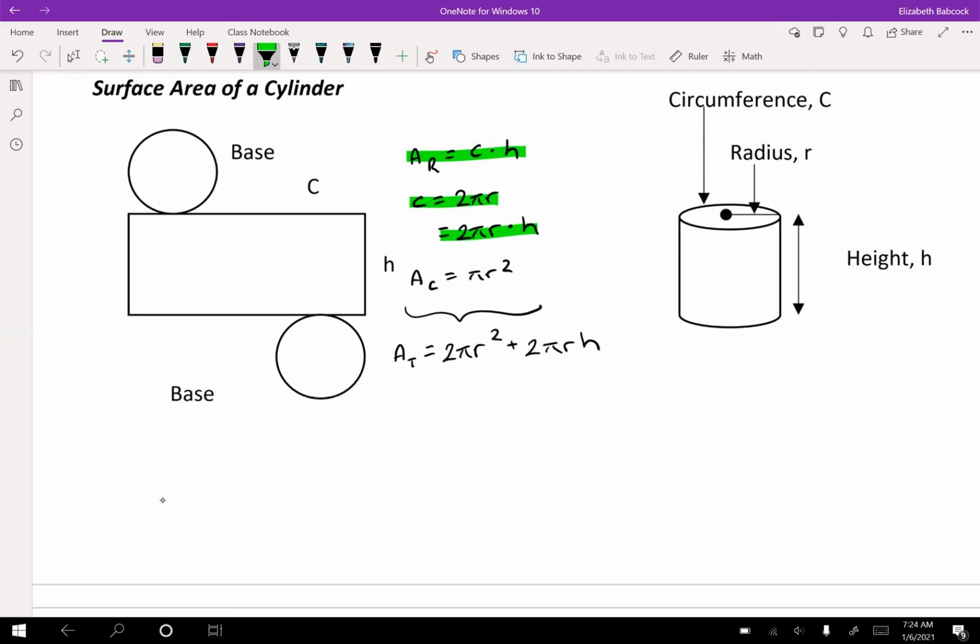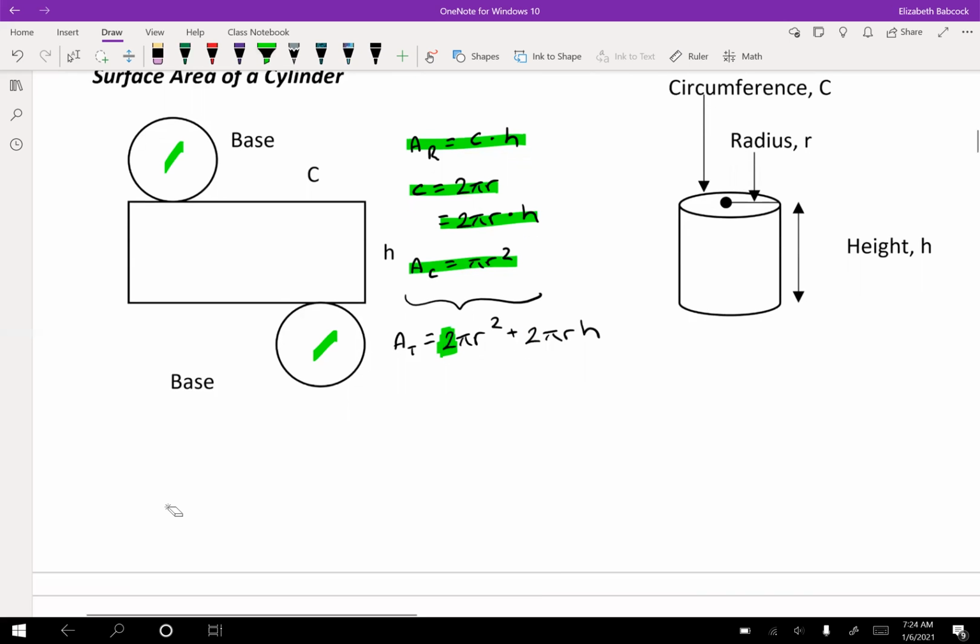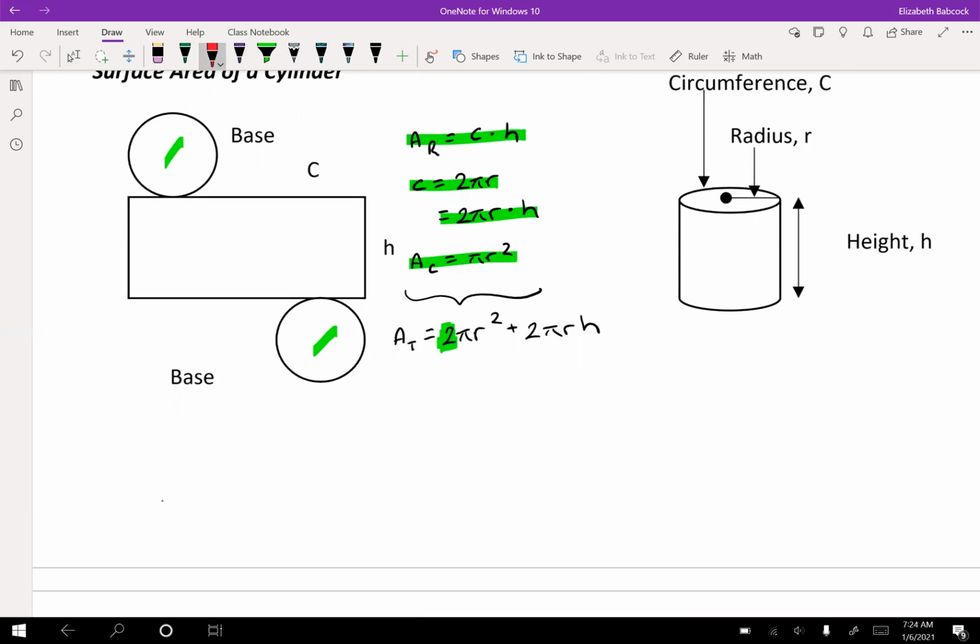Then we have the area of the circle, which is pi r squared, and we have 2 circles, so we have 2 in front of that. Sorry, not the other 2. The other 2 is just part of a formula. So this would be your total formula for any time you are trying to find the surface area of a cylinder.